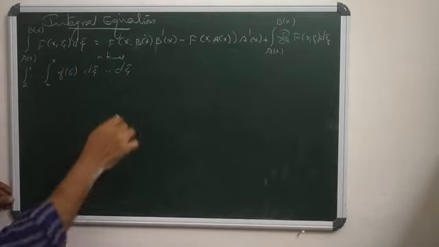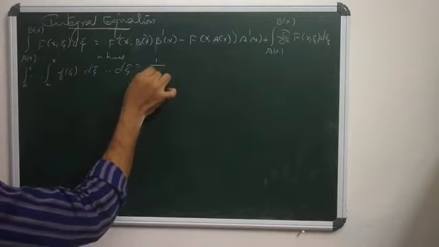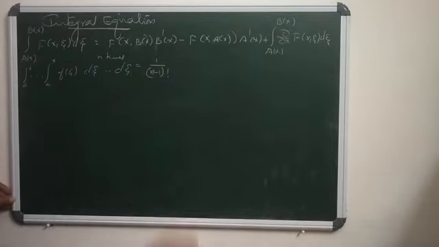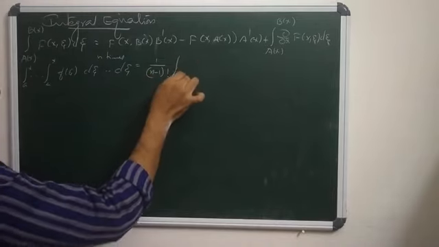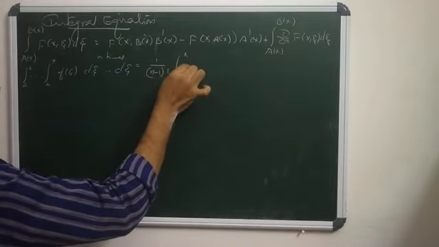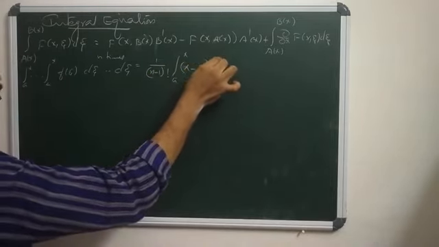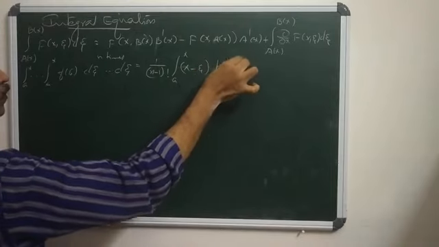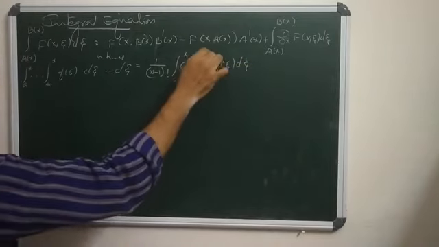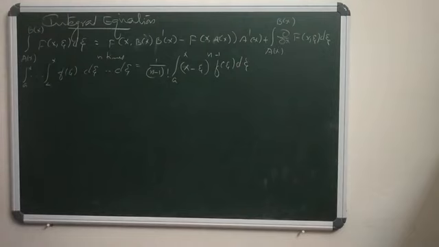This result equals 1 by n minus 1 factorial into integral a to x, x minus theta all power n minus 1, f of theta d theta. These are two important results. This is very important, this is crucial for the further chapters.